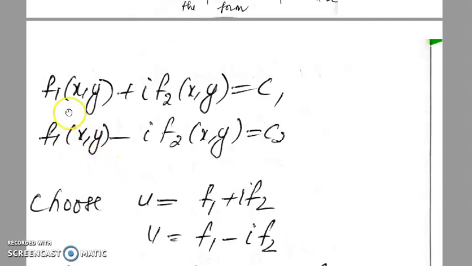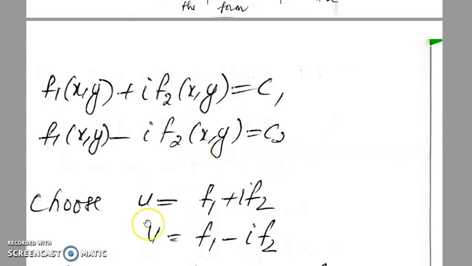The solution will be of the form f1 of xy plus i f2 of xy equal to c1 and f1 of xy minus i f2 of xy equal to c2.